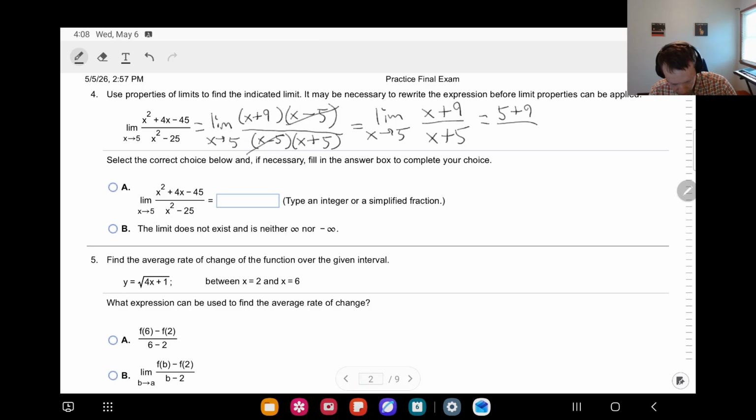No problem. Get 14 over 10, and that reduces to 7/5. And that's what they're looking for, either an integer or a simplified fraction. So 7/5.